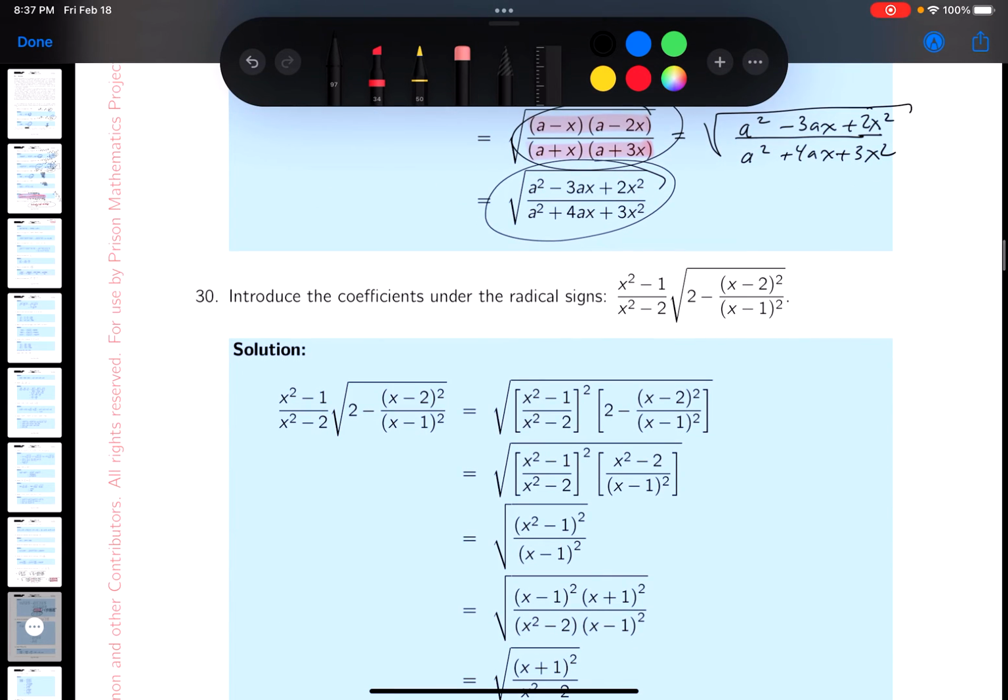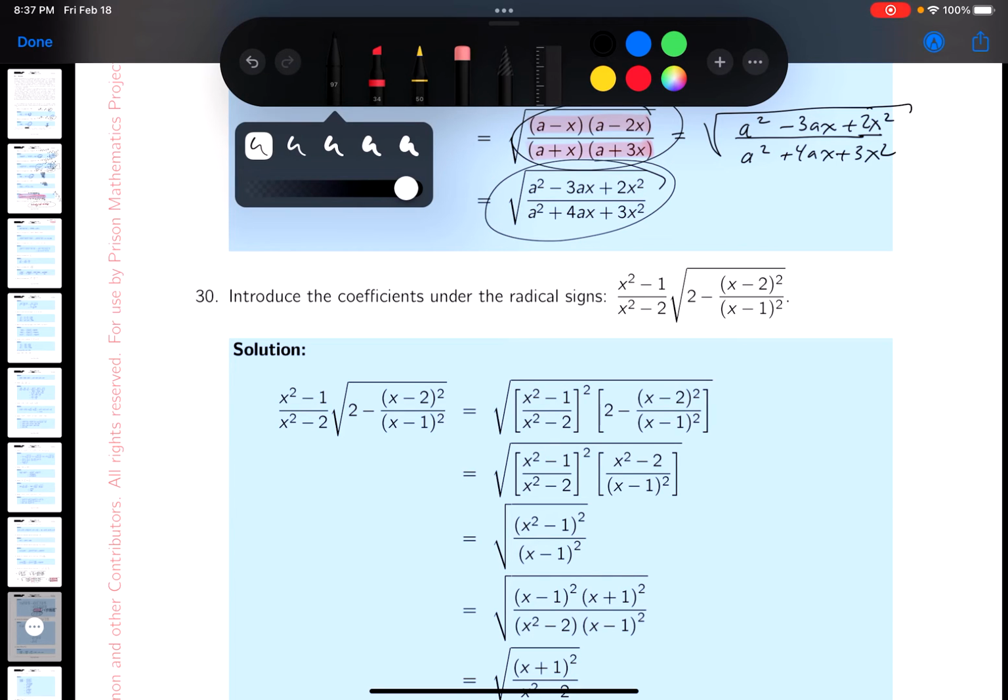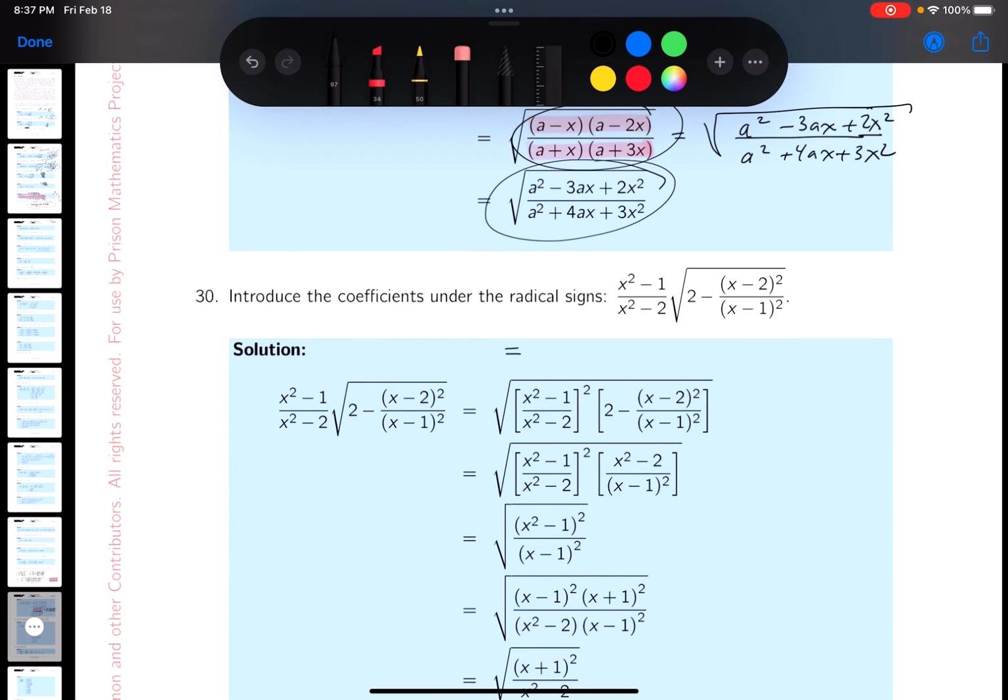All right, this one here, again, it's really introduced this under the radical. Let's do it, the factor. And how would I do that? Well, I'm getting a little better at this. So what I would do is maybe just write it down real quick. And I'll put this over here. I'm going to say it's x squared minus 1 squared, x squared minus 2 squared.